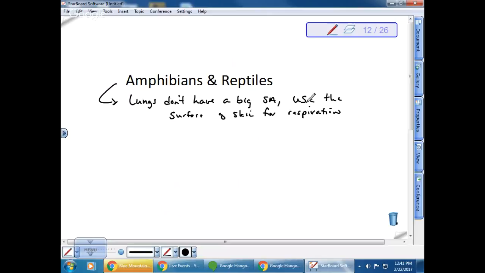Okay. So what we see with the reptiles is that the reptiles have scales. So they cannot breathe through their skin, but the scales prevent water loss. So reptiles can be more terrestrial than amphibians, but they have an increase in the surface area of the lungs.